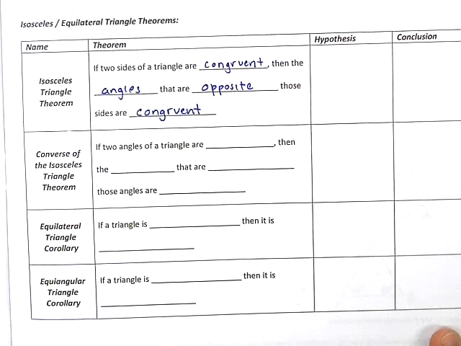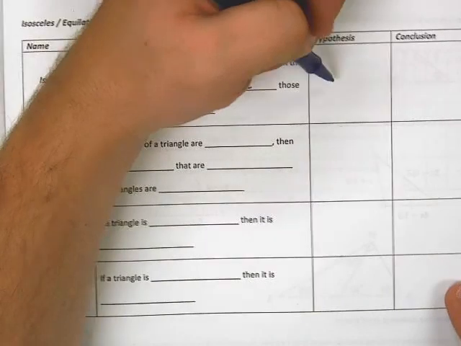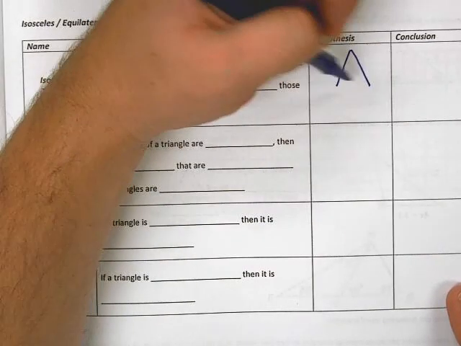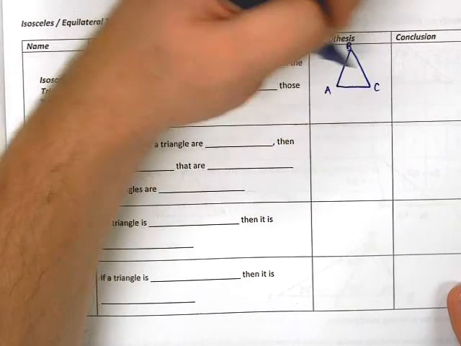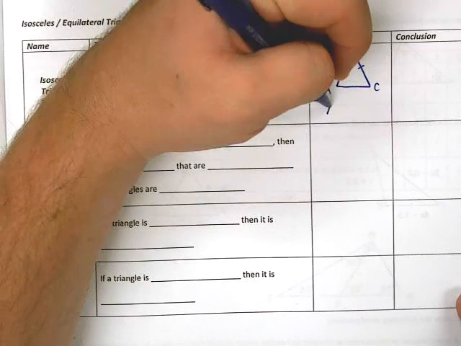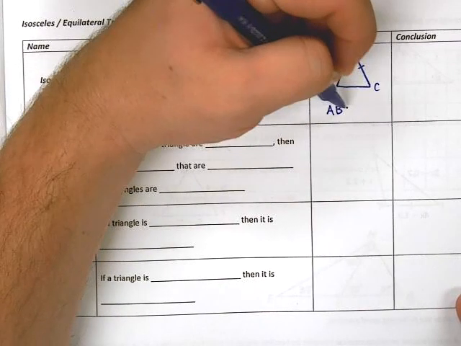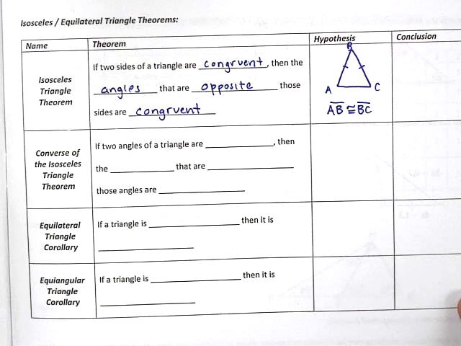All right. So what I'm going to do here is draw a little picture. I'm going to call this A, B, C, and I'm going to say that AB is congruent to BC.